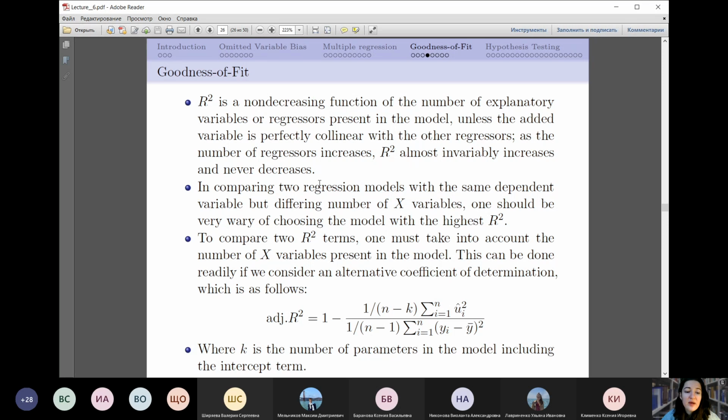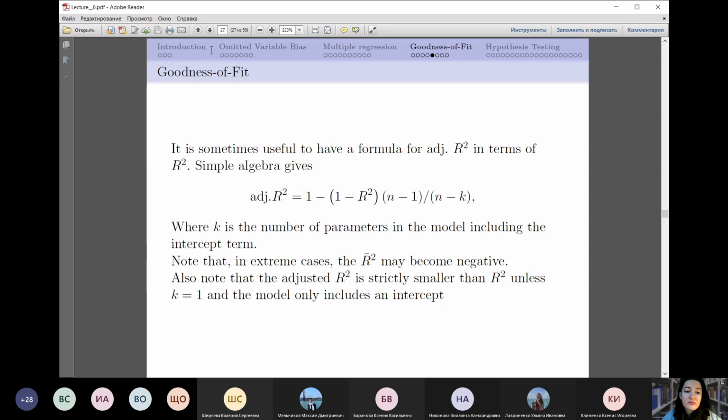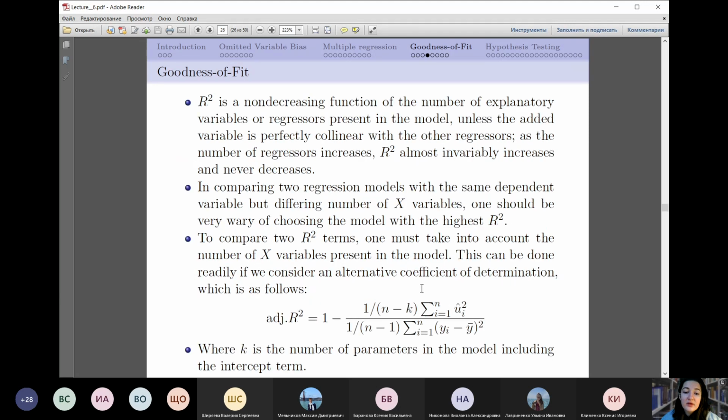Also remember that adjusted R squared uses a kind of penalty when you include a lot of variables in your model, because the degrees of freedom will decrease, and adjusted R squared could even be negative.